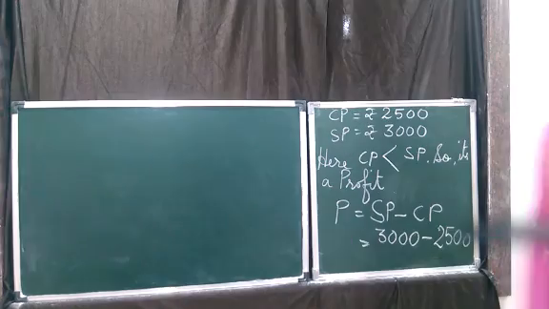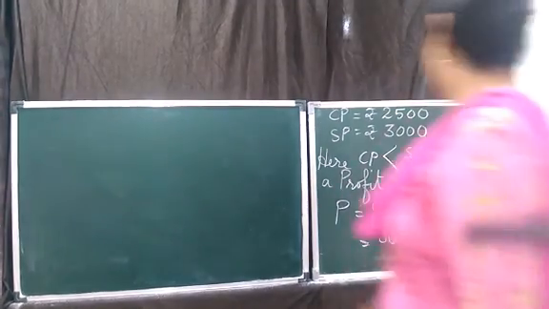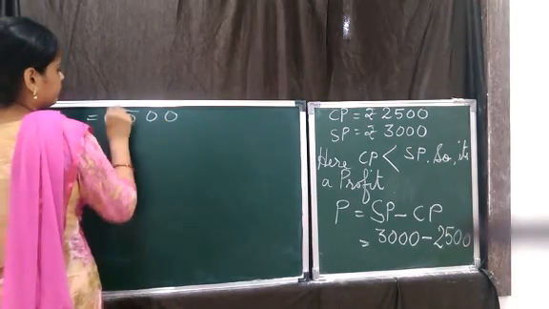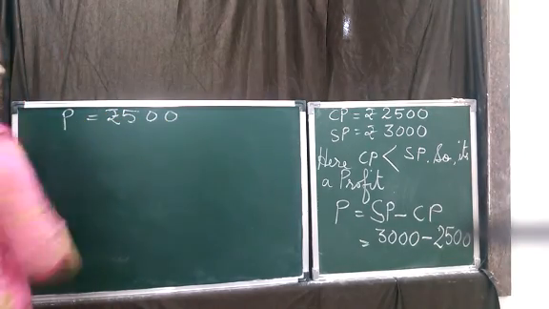Now when we subtract 3,000 and 2,500, we get the answer as 500. So the profit is rupees 500.